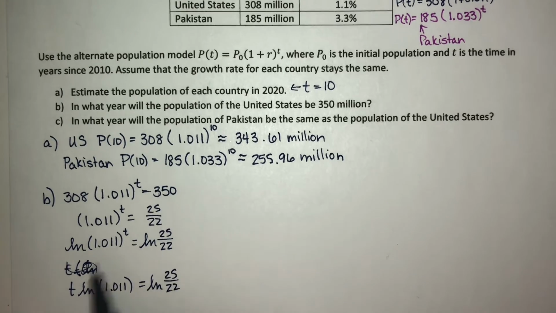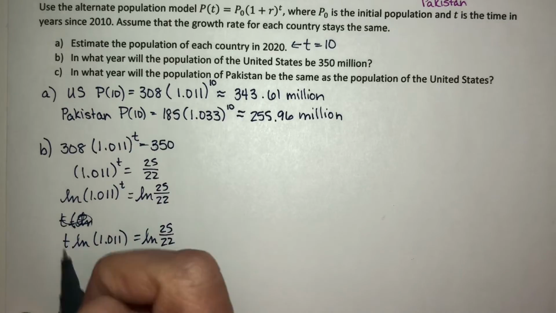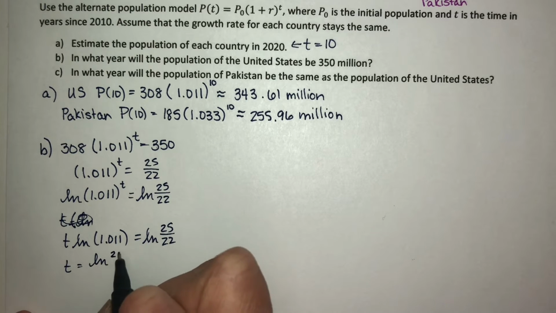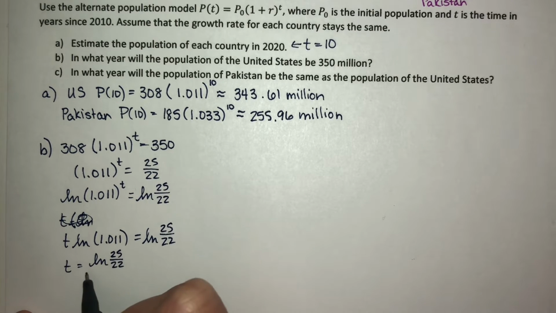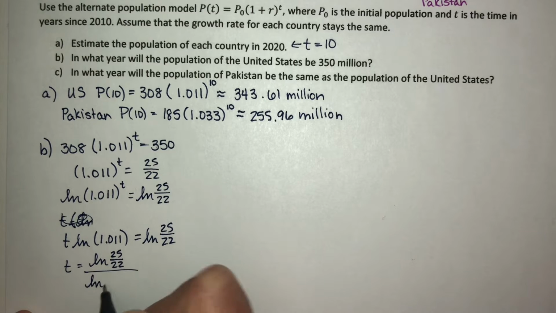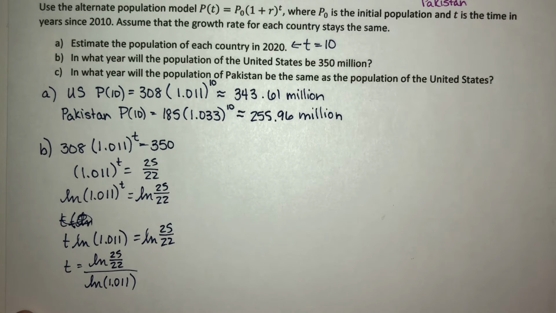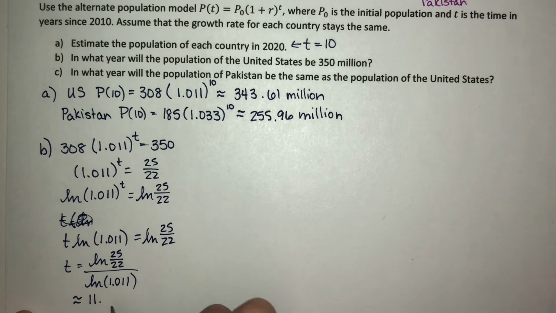Divide both sides by this, and you get t is equal to natural log of 25 over 22 divided by natural log of 1.011. If you go to your calculators, this is approximately 11.685 years.